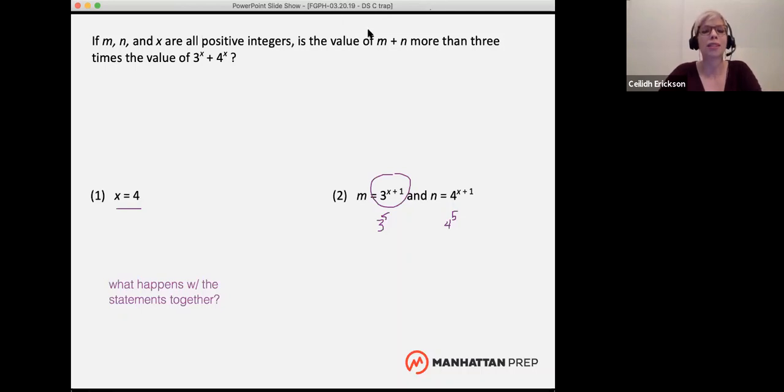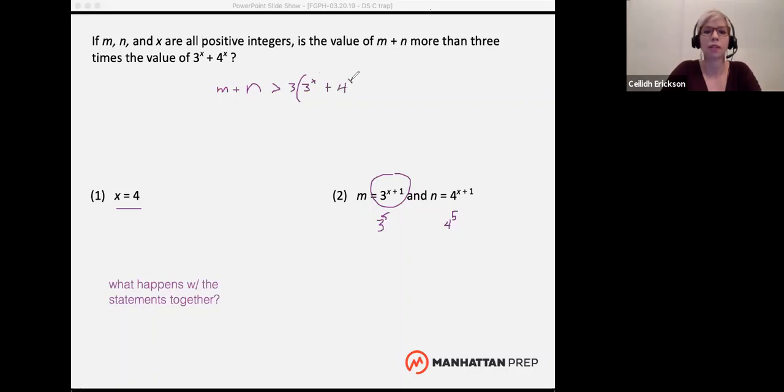All right, so let's think about this problem. How would we write this algebraically? Is the value of m plus n more than 3 times the value of 3 to the x plus 4 to the x? Okay.